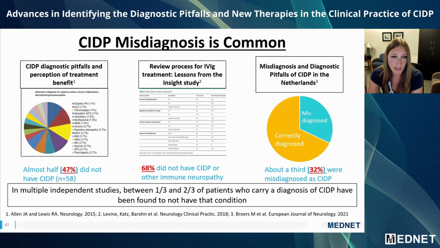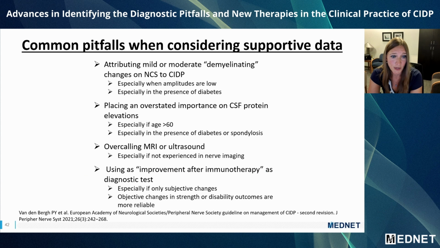Things can change over time, and sometimes they're not so clear cut, and there can be gray zones. But ultimately, using the guidelines for diagnosis will help reduce this misdiagnosis rate.